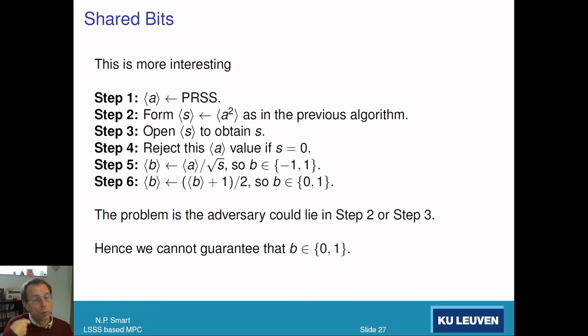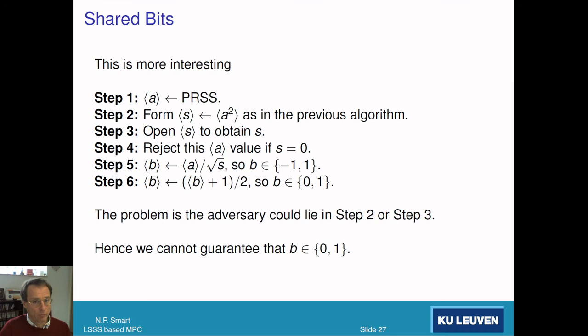Now, remember we're working over a finite field of odd characteristic, so we can take square roots of the value S. So what's that equal to? Well, S was equal to A squared.